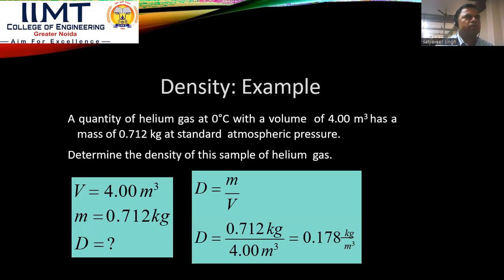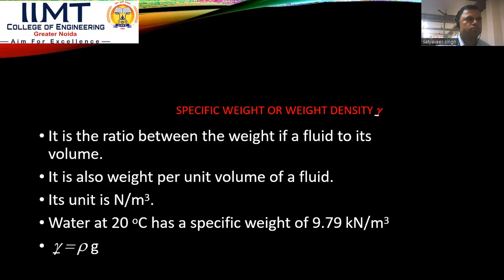First of all, we take the given parameters: volume is 4 meter cube and mass is 0.712 kg. Density we have to find out. Density is equal to mass upon volume, so we put m as 0.712 and v as 4 meter cube. Finally, the density of the fluid is 0.178 kilogram per meter cube.